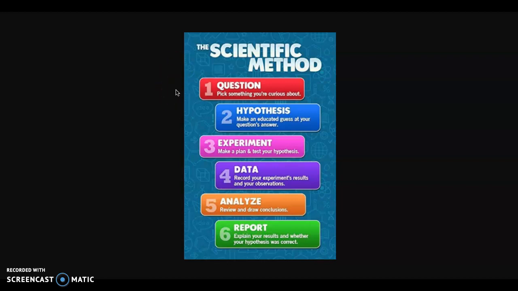The question is what drives the experiment. It's where the experiment starts, and it's really what you're attempting to answer as you run through the remaining steps of the scientific method. The key to the question is that it is what we refer to as a testable question. A testable question is a question that you can collect some data on, collect some results on, some numbers, and a question that you can eventually, after analyzing those results and that data, answer.